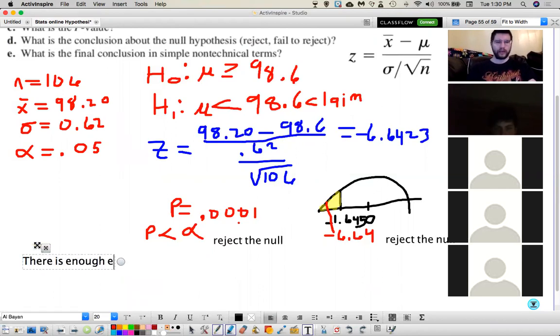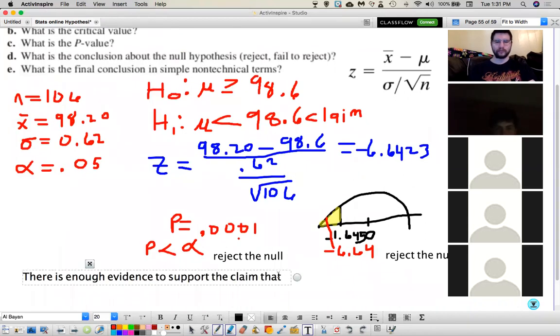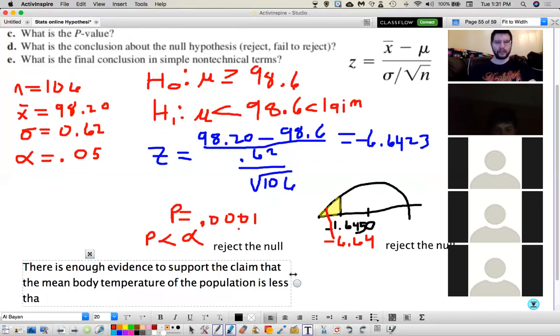There is enough evidence to support the claim that the mean body temperature of the population is less than 98.6. So that'd be our final conclusion.